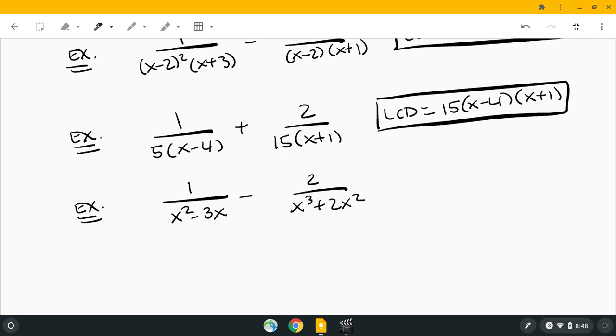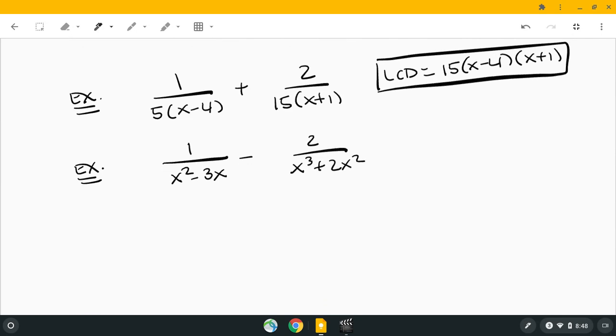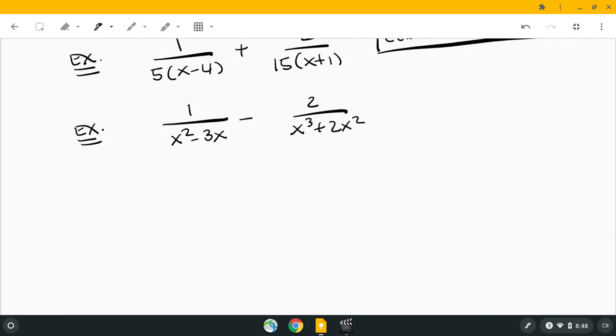This time I did not factor it for you, so you will need to do that. Looking over here, they have a common factor, x. So we get x times x minus 3.